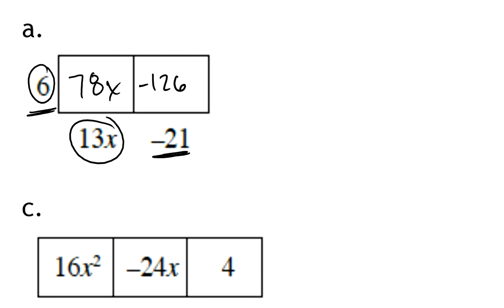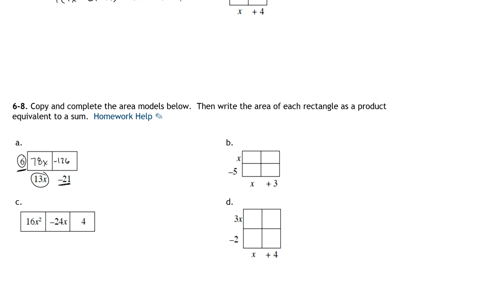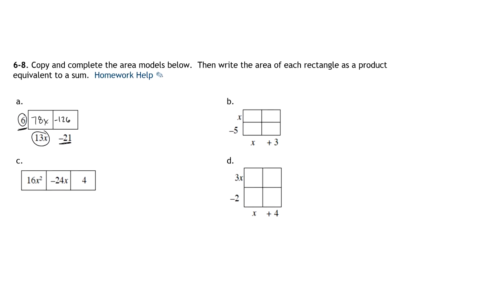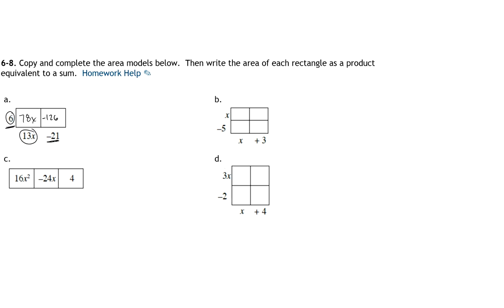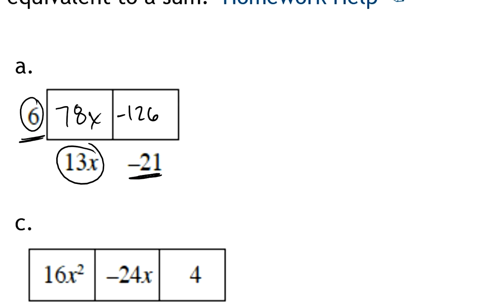The instructions then say to write the area of each rectangle as a product equivalent to a sum. What's meant by that is the product we're looking at is 6 times 13x minus 21, right? I'm multiplying 6 times this other dimension.